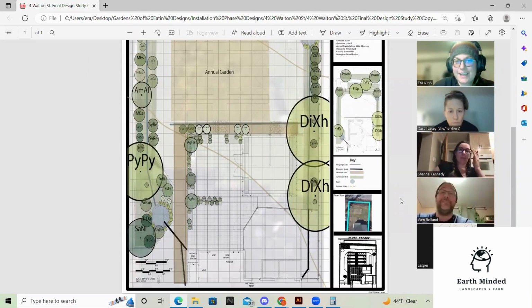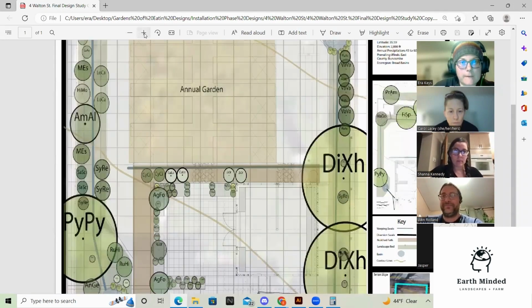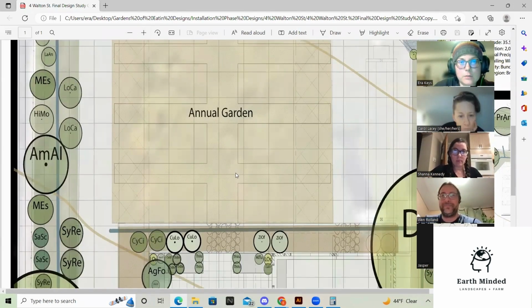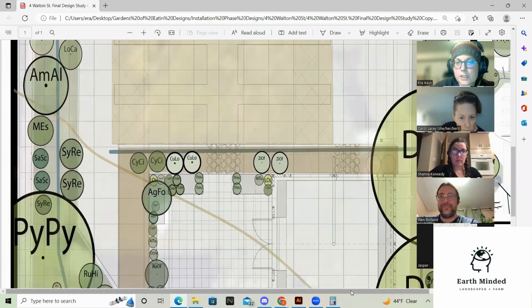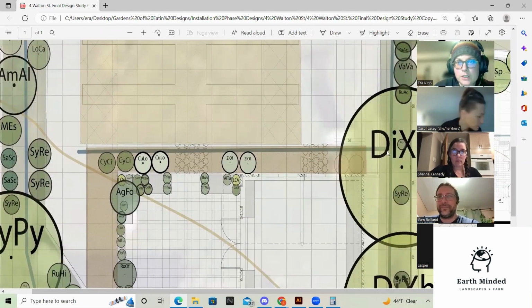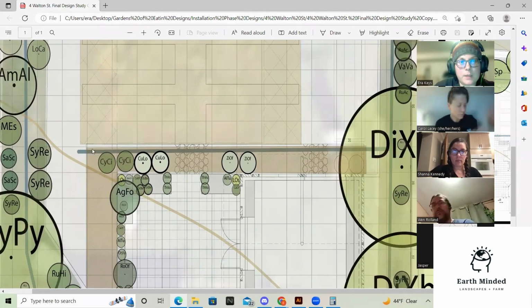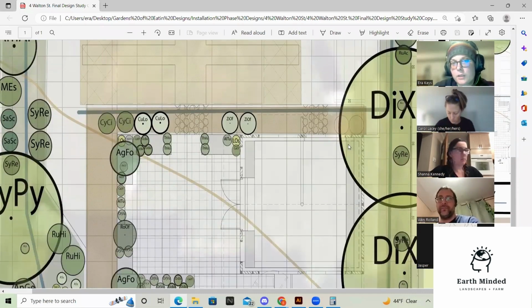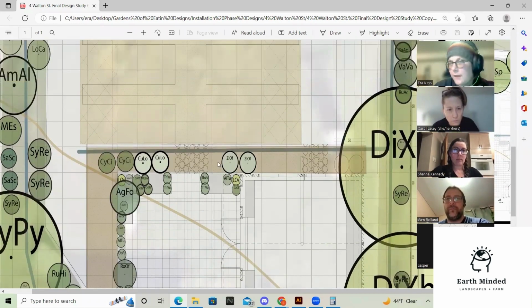Okay, so before we jump into the terraces, let's zoom in a little bit. Zooming in. One thing that we actually ended up doing, as you can see in the design, there's a weeping swale that comes off of here, and this was supposed to water the annual garden, but the inspector came out to finish the inspection for the kitchen processing shed, and it was nixed, and that was fine.